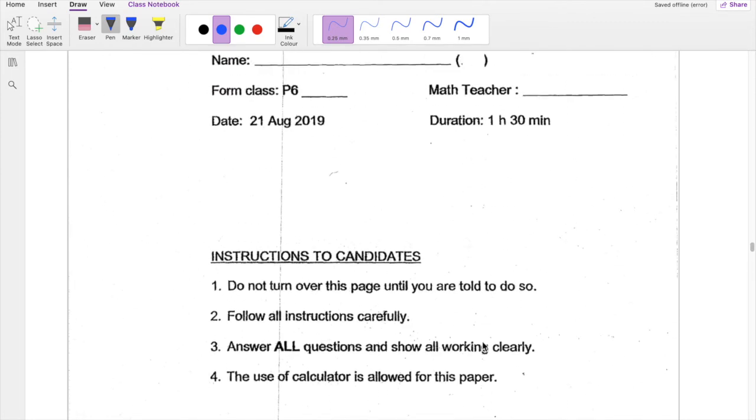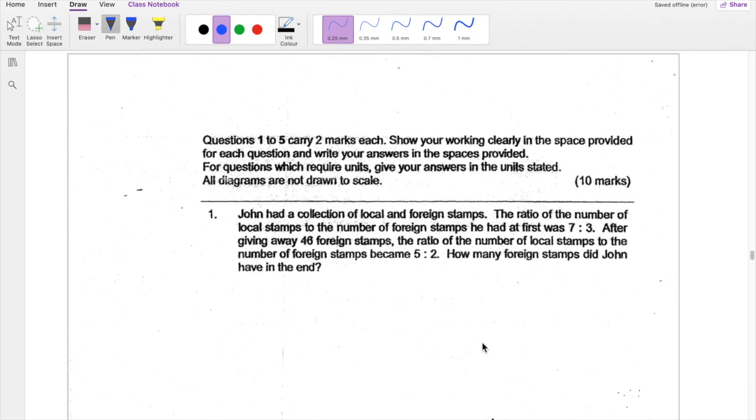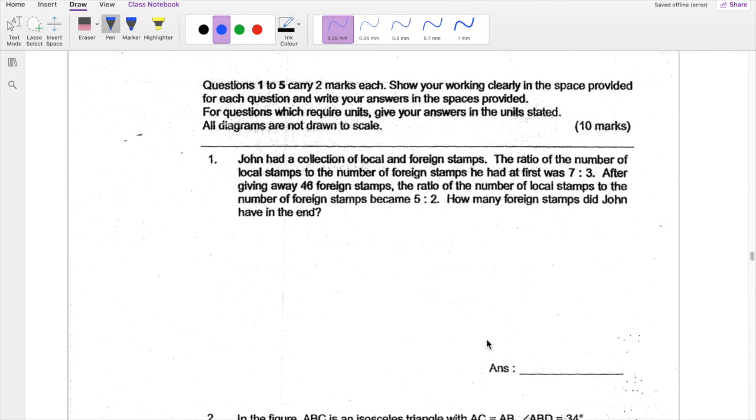Okay, let's see paper 2. Question 1. John had a collection of local and foreign stamps. The ratio of number of local to the foreign is 7 to 3. After giving away 46 foreign stamps, the ratio of number of local to number of foreign is 5 to 2. How many foreign stamps did John have at the end?